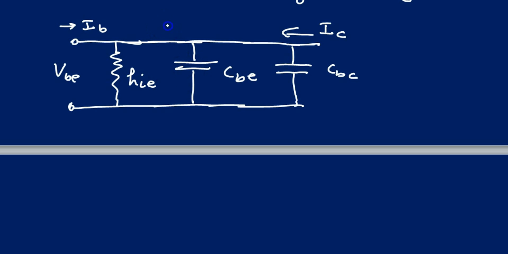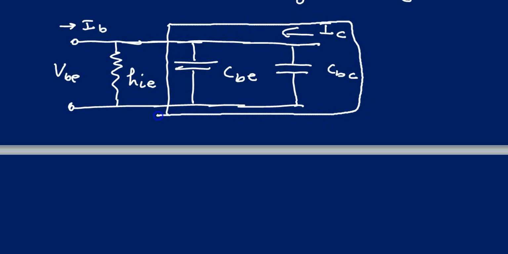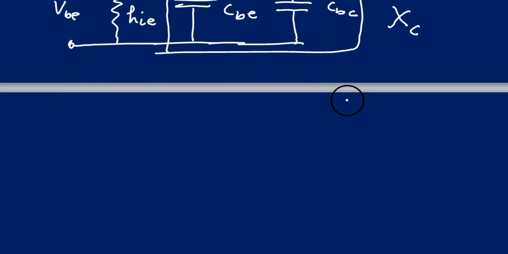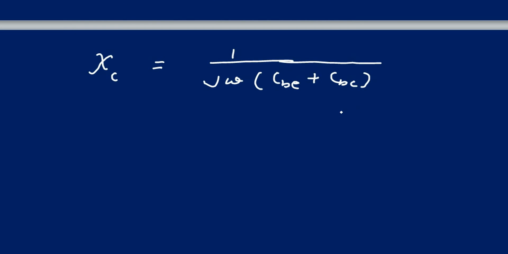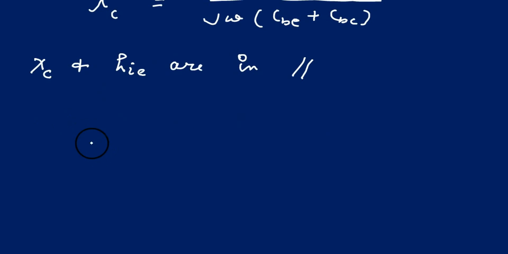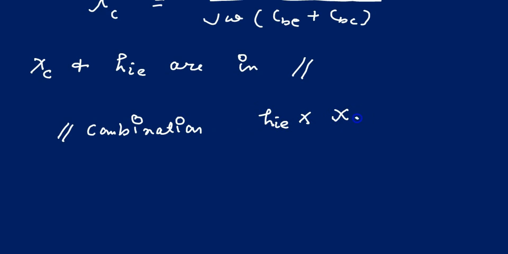And let me say the capacitive reactance of the combination is XC. So it is 1 over j omega times the sum of the capacitances of the two capacitors. Now XC and HIE are in parallel. Now we make the parallel combination and just solve that relation, rearranging the terms.